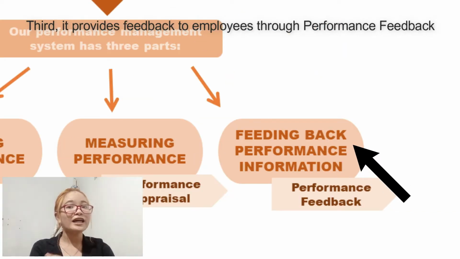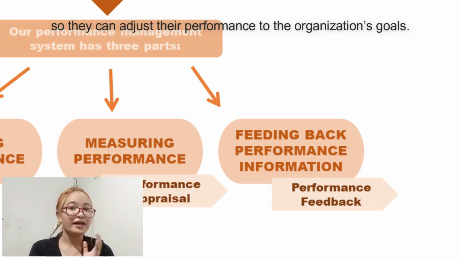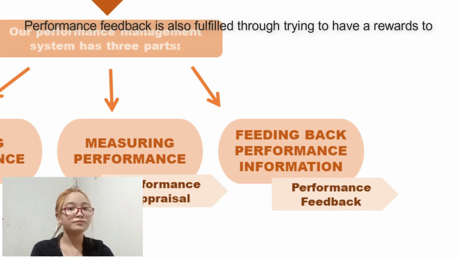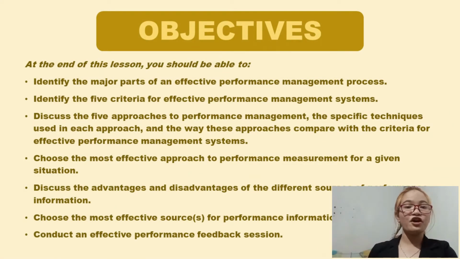Third, it provides feedback to the employees through performance feedback, so they can adjust their performance to the organization's goals. Performance feedback is also fulfilled through tying rewards to performance via compensation systems such as merit increases and bonuses. So here are the learning objectives for this Chapter 6.